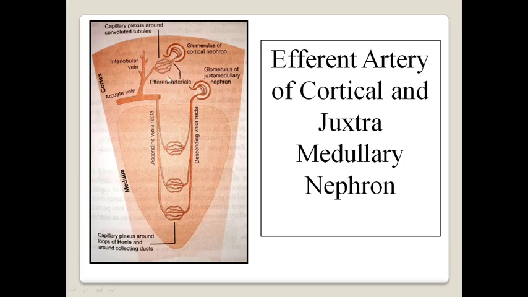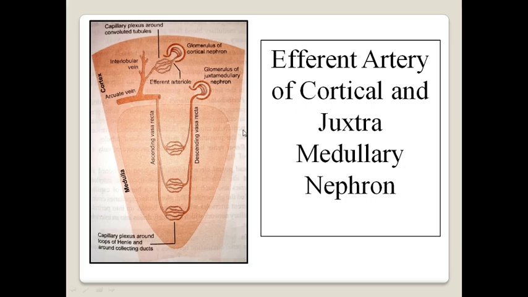So that is the efferent artery of cortical and juxtamedullary nephron. You see very well, these are the cortical nephrons, these are the juxtamedullary nephrons, and the efferent artery behaves in a different manner in the cortical nephron and juxtamedullary nephron. In the juxtamedullary nephron, it forms the vasa recta and peritubular capillary network, while in the cortical nephron, it forms only the peritubular network around the PCT and DCT, and it drains into the interlobular vein and then into the arcuate vein.